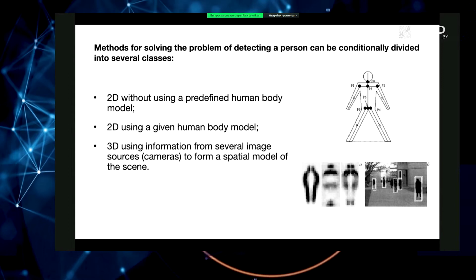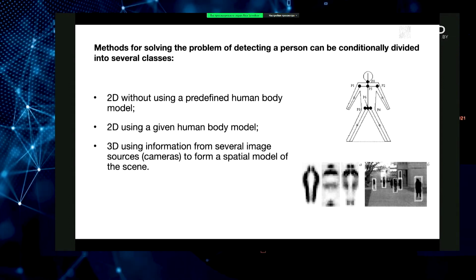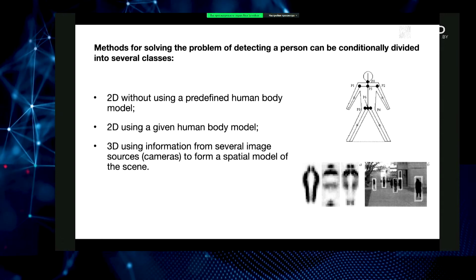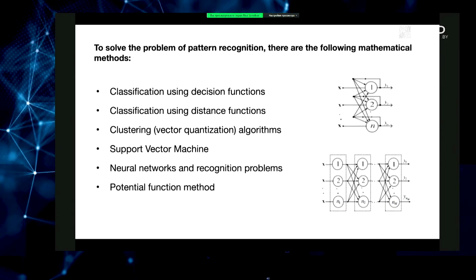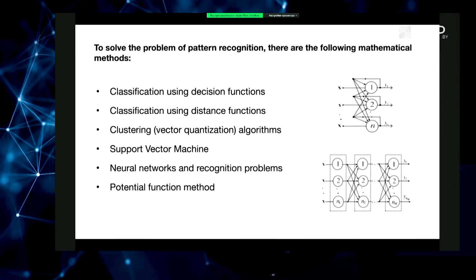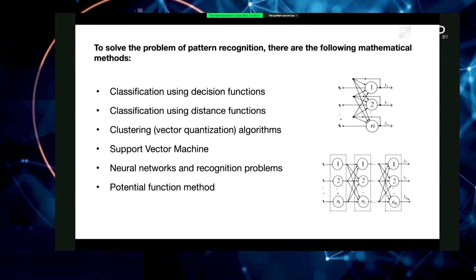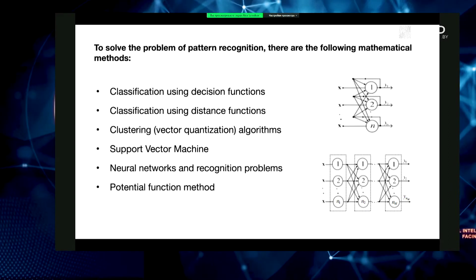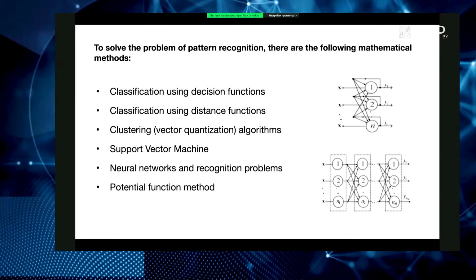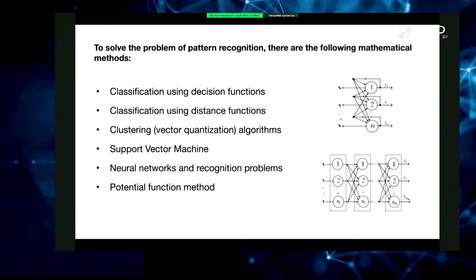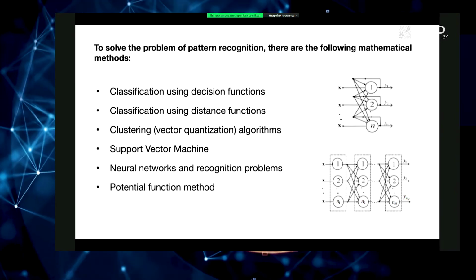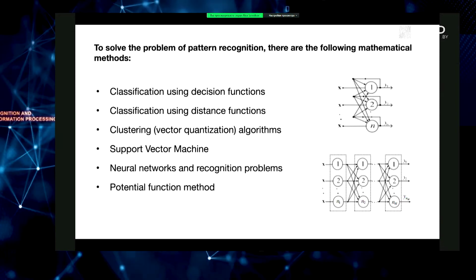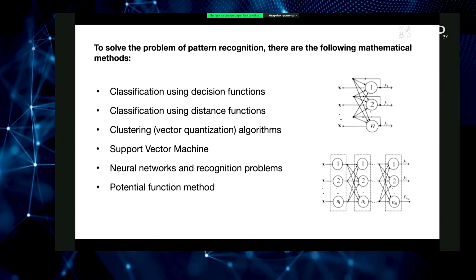But all of them are pretty old, and the level at which they work is not sufficient for us. So the classic mathematical methods used in this type of task are classifications using decision functions, distance functions, and also clustering algorithms.